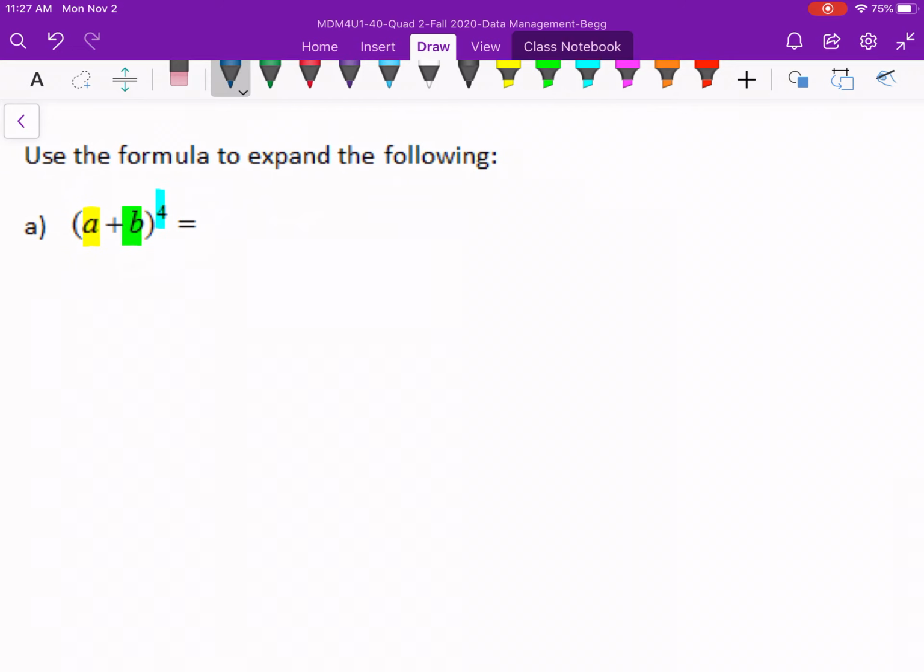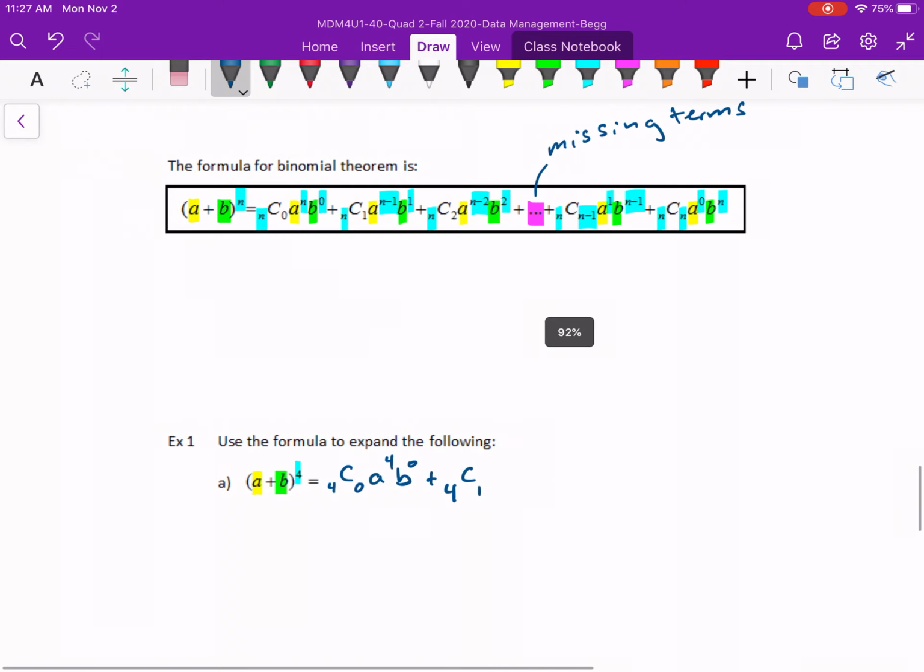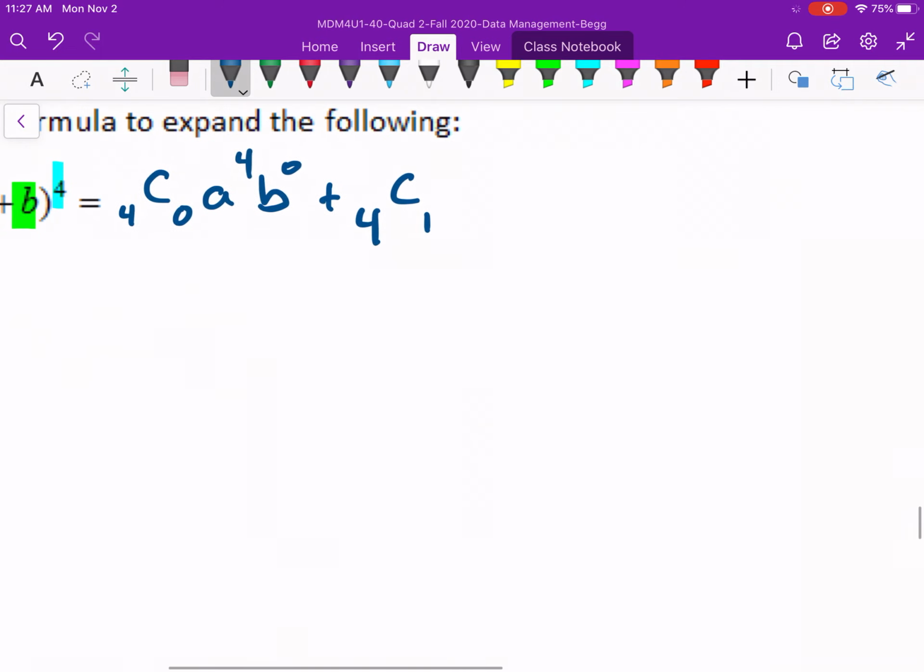So we have 4 choose 0 times a⁴ b⁰, plus 4 choose 1, a³ b¹. Yep, going up, confirming that. And then I've got 4 choose 2.